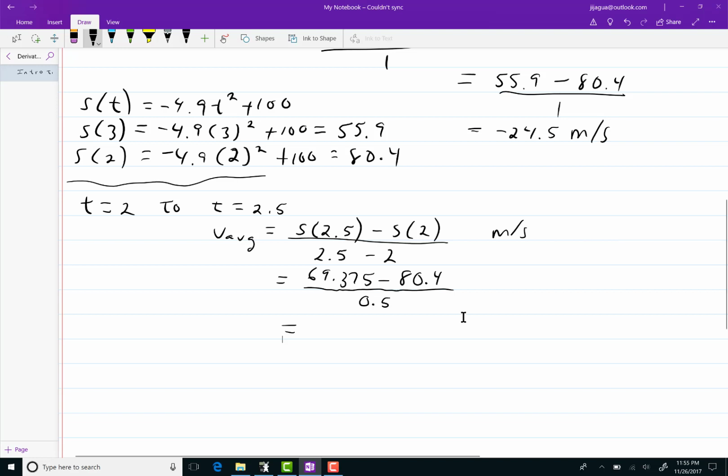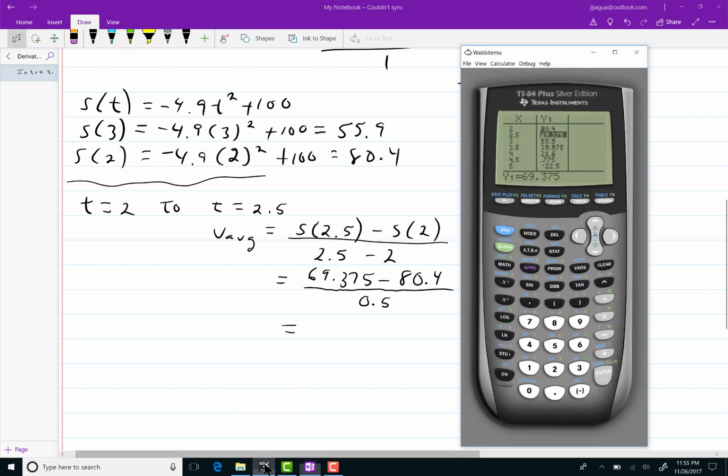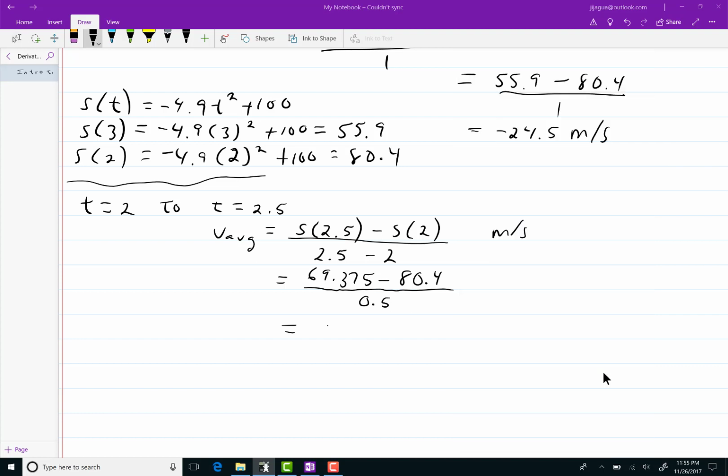So let me do these on the calculator. 69.375 minus 80.4. That's negative 11.025 divided by 0.5.